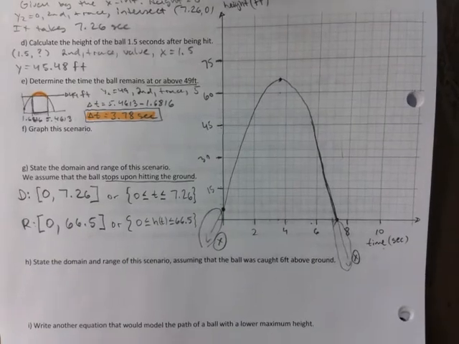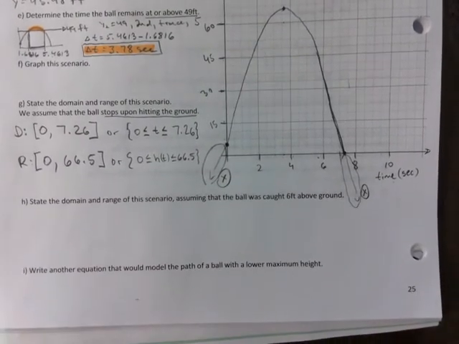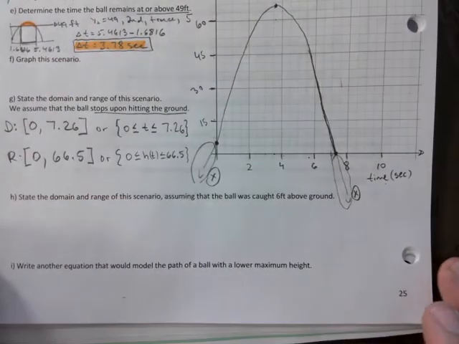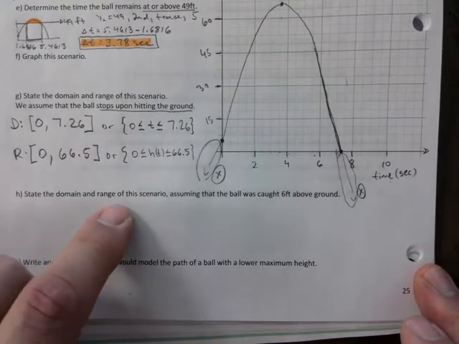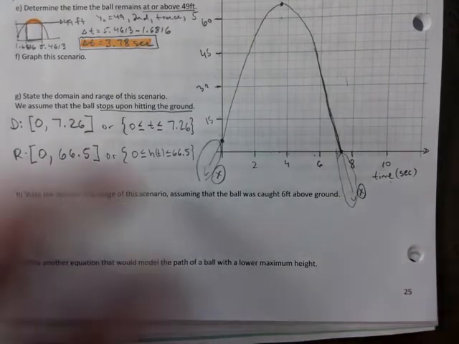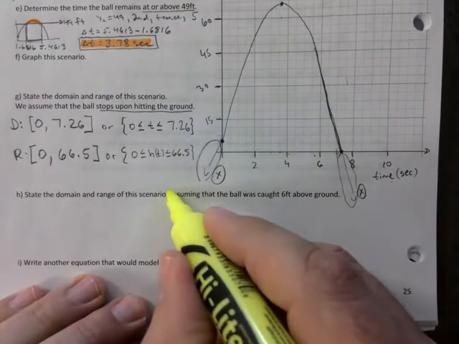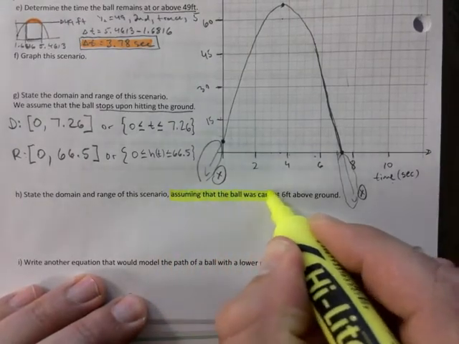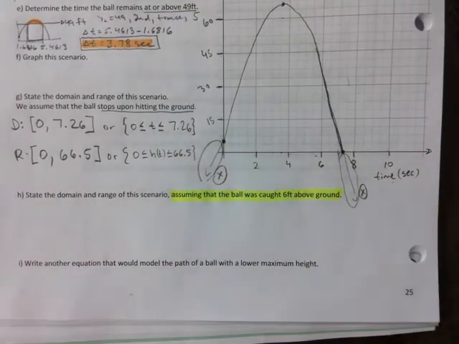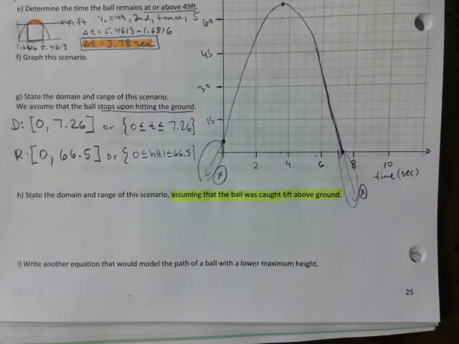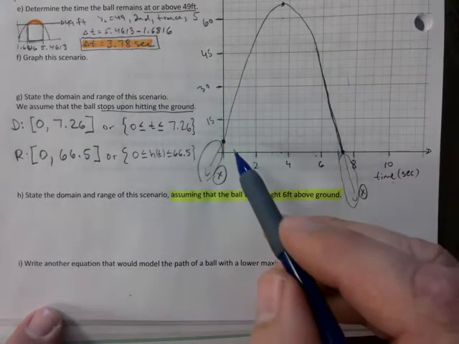Now there's a what if. What if? Okay. State the domain and range of this scenario, assuming that the ball was caught 6 feet above ground. So I want to do this on the graph.